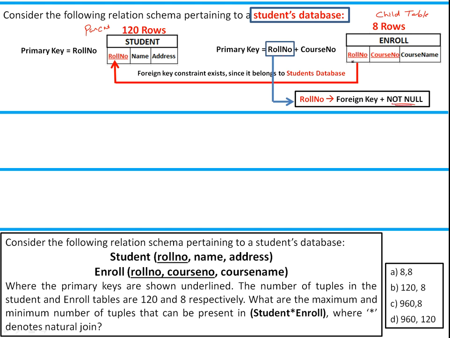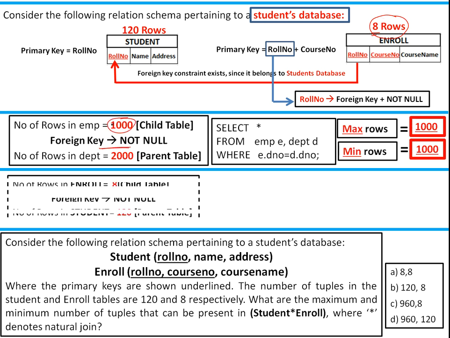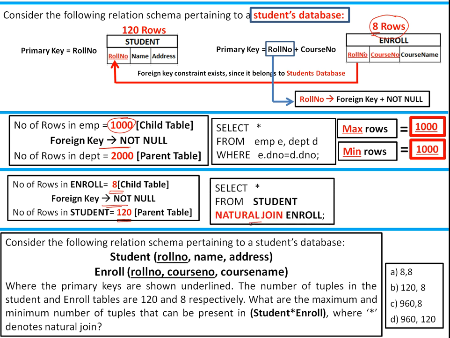Now you know, whenever the foreign key is not null, the minimum and maximum always come from the child table. Child table will have 8 rows, parent table will have 120 rows, and in the child table it is foreign key plus not null. So for the natural join, minimum and maximum will always be 8.